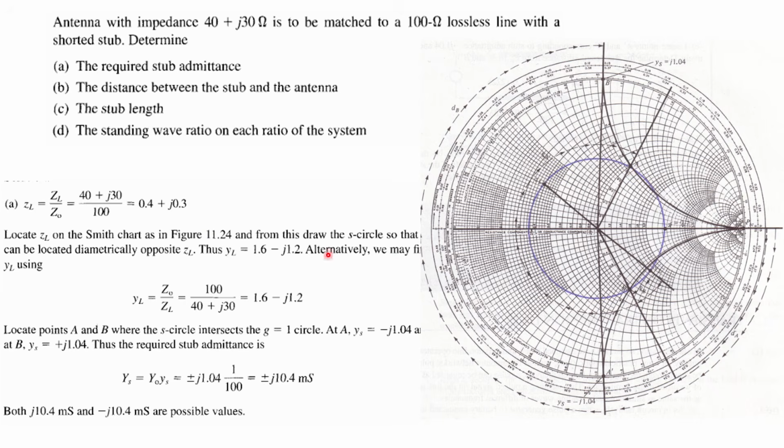Now locate this point. Here is your x equal to 0, this is r equal to 1, r is your real part, x equal to 0, x equal to 0.5, x equal to 1, similarly like that. Now what to locate? First find the real part, 0.4. So r equal to 0.5 is here, and 0.4 is like at this point, right?